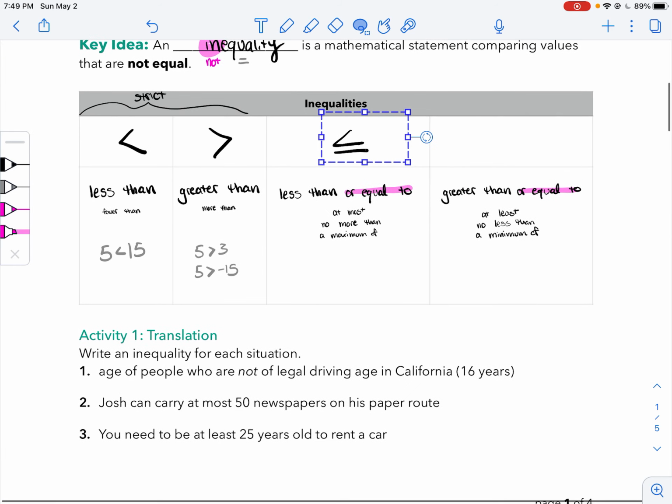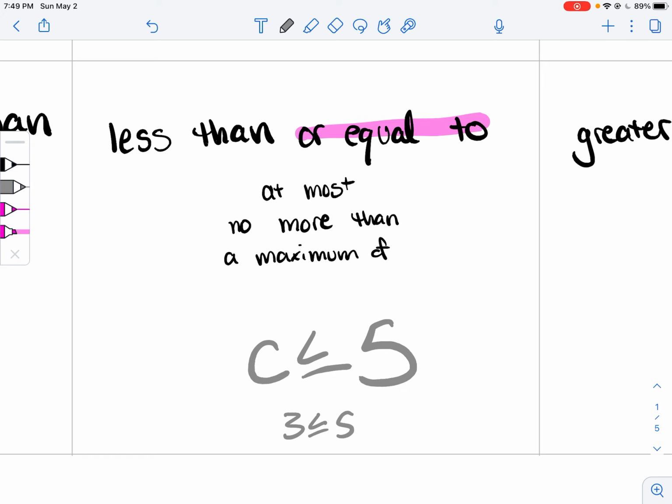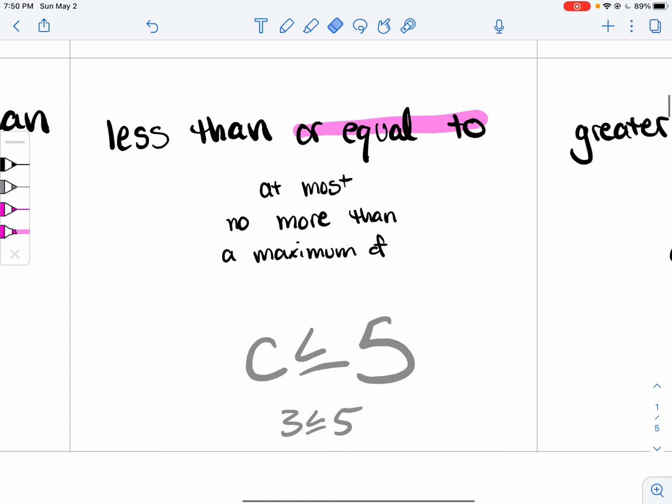For example, we can say 5 is less than or equal to 5. You can also say 3 is less than or equal to 5. That's true, because 3 is less than 5. So that works.